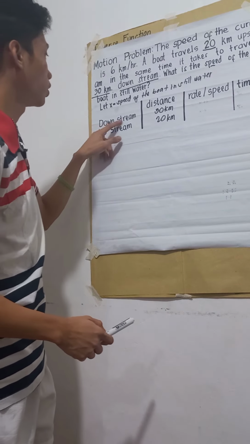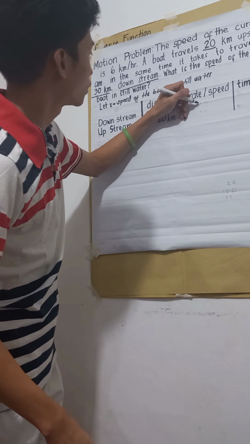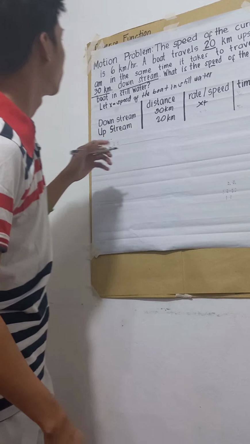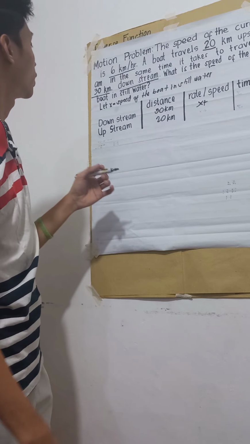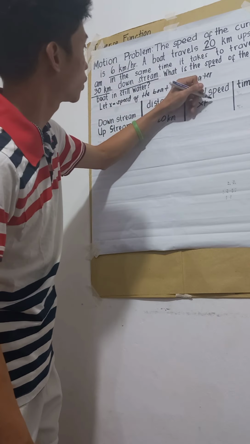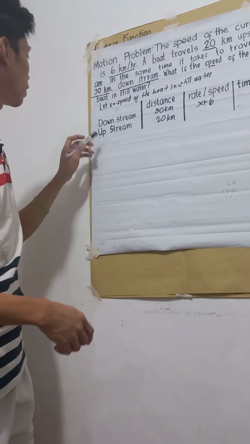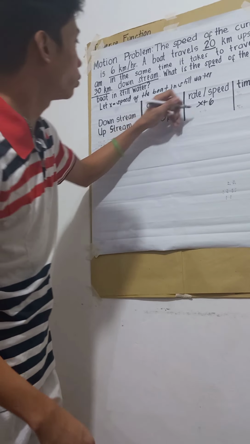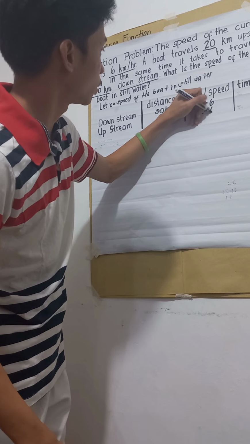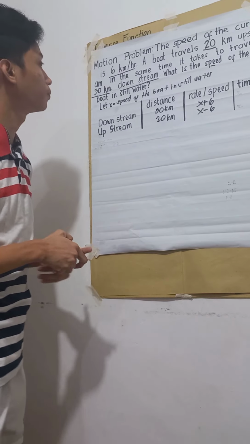Since downstream is with the current, we're going to add x plus the speed of the current, which is 6. So that would be x plus 6. Since upstream is against the current, that would be x minus 6. That's now our rate or speed.